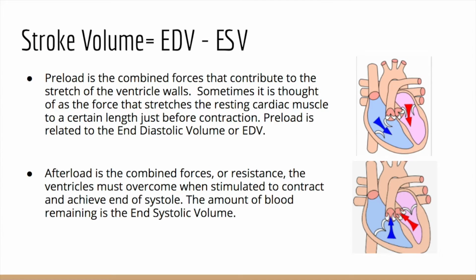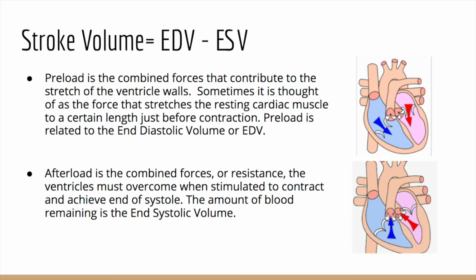Like I said before, the stroke volume equals the end diastolic volume minus the end systolic volume. Preload is the combined forces that contribute to the stretch of the ventricle walls. Sometimes it is thought of as the force that stretches the resting cardiac muscle to a certain length just before the contraction.